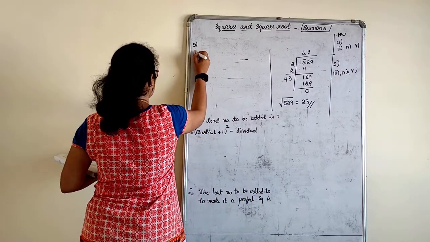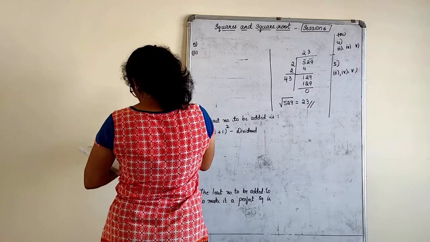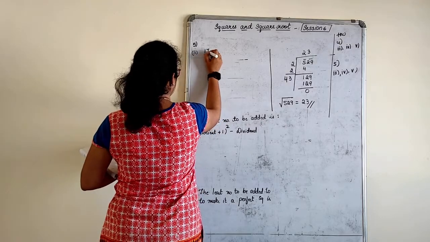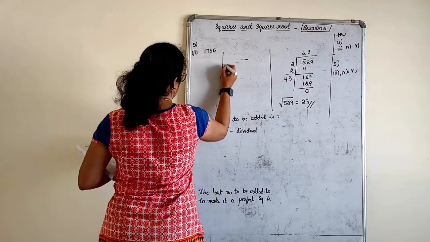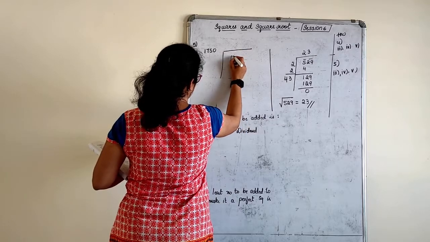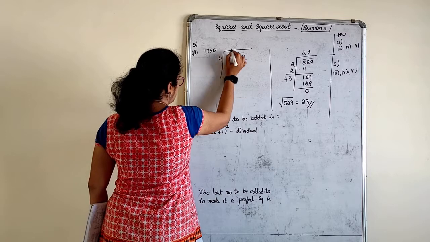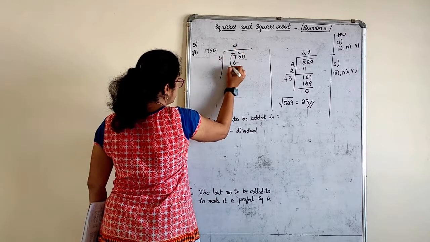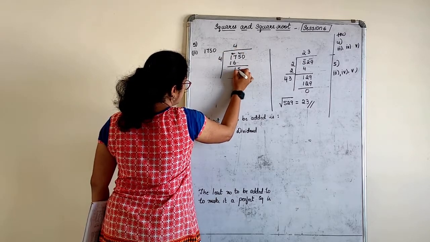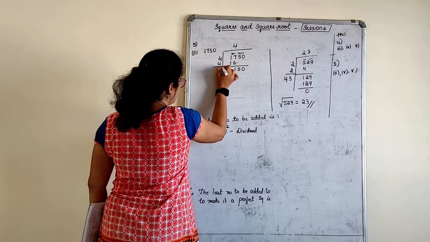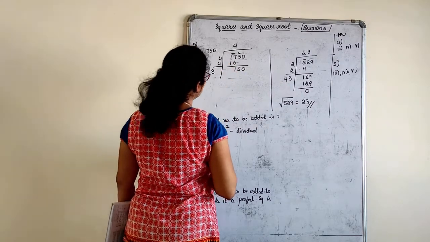The second one is 1750. 4 4s are 16. 1 remainder, 150. 4 plus 4 is 8.